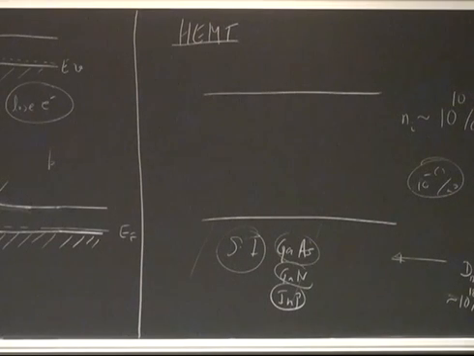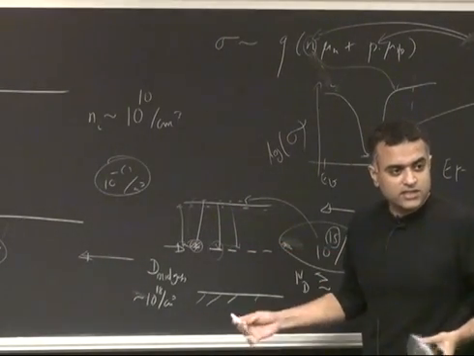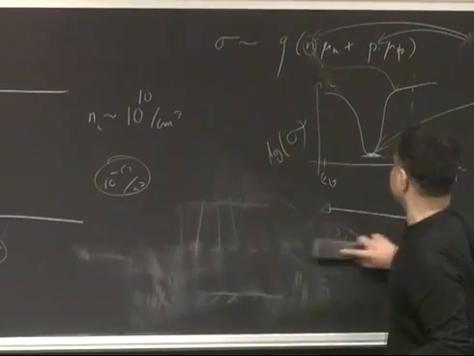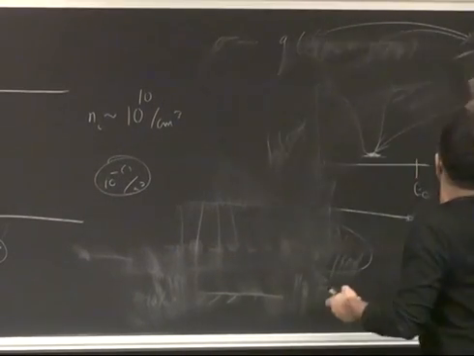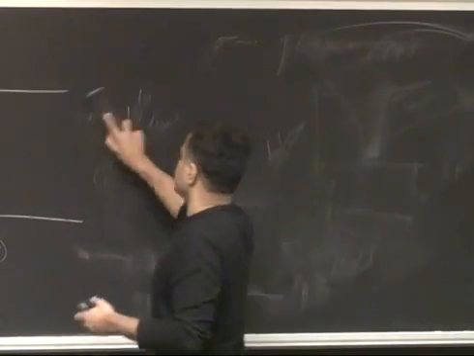And I think you can see that the way you're doing it is a very interesting way: you essentially put in deep levels and you localize the carriers. They cannot move anymore, basically. Okay, so that's your semi-insulating gallium arsenide, and this is a very important thing used in RF electronics and all that.